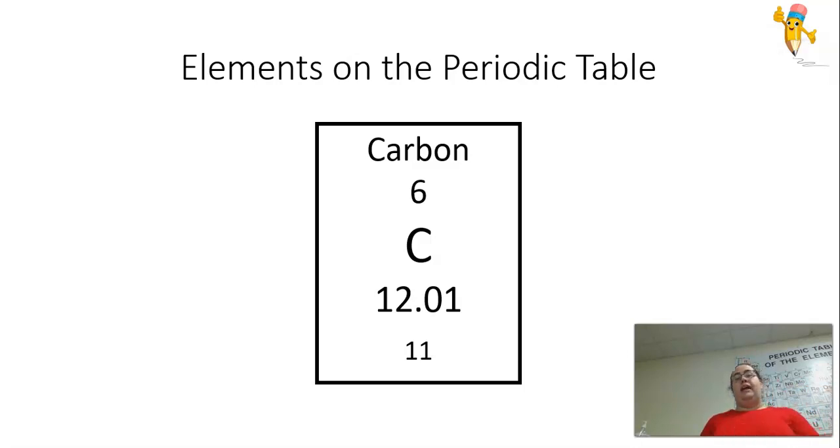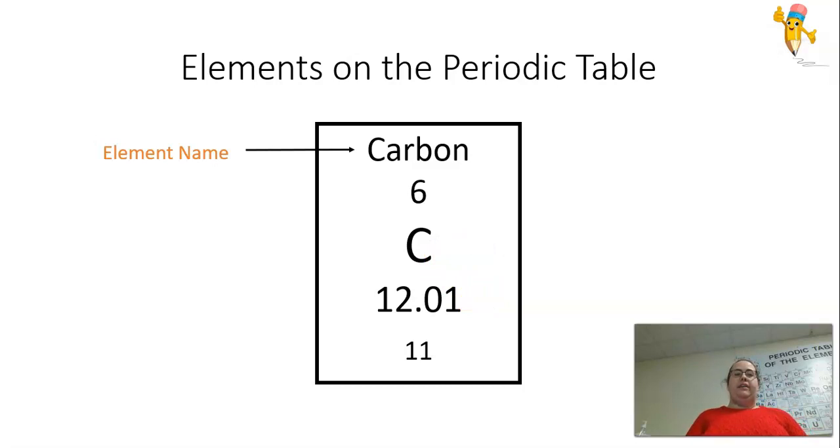You can have carbon 11, you can have carbon 12, you can have carbon 14, because the number of neutrons is going to change, so it's going to change your mass. Okay, in the case of carbon 11, I'm going to have 6 protons because I have to have that number from the name of my element. Okay, and then I'm going to take 11 minus 6, and that's going to give me the number of neutrons. So I'd have 5 neutrons.